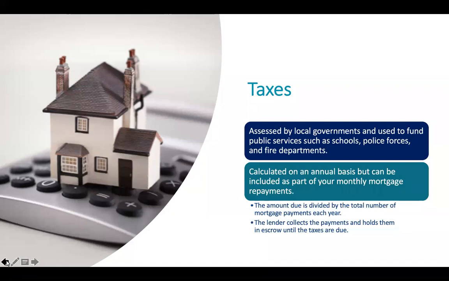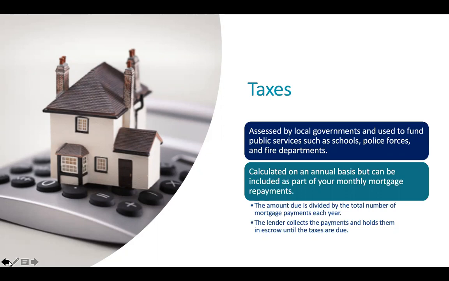Then we have taxes. The taxes are assessed by local governments and counties to help fund things such as schools, your police stations, fire departments, public roads, that kind of thing. It's calculated on an annual basis, but it will be part of your mortgage payment.